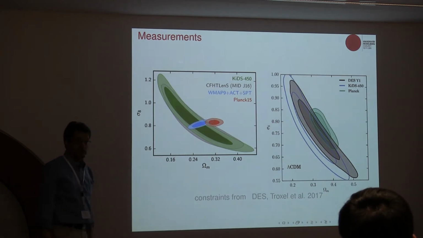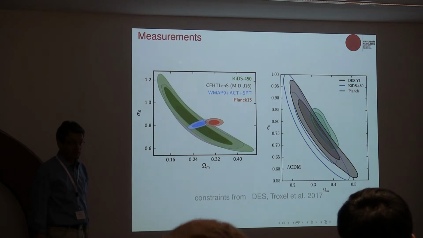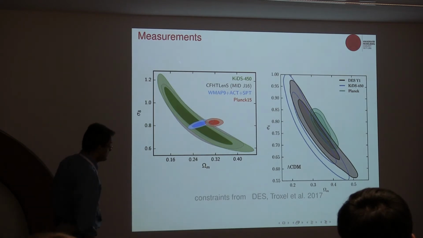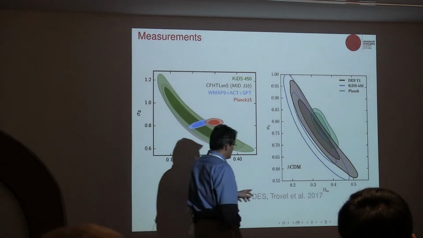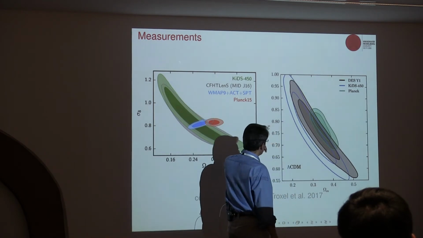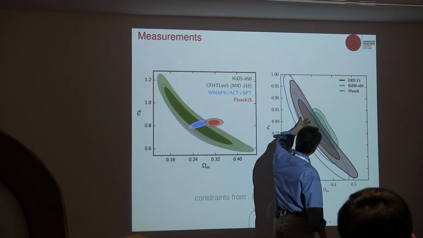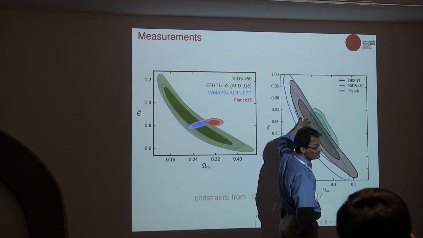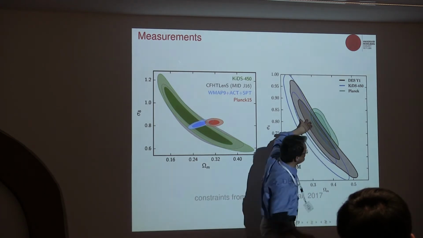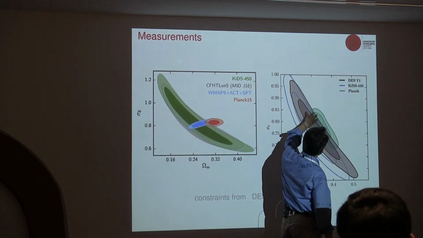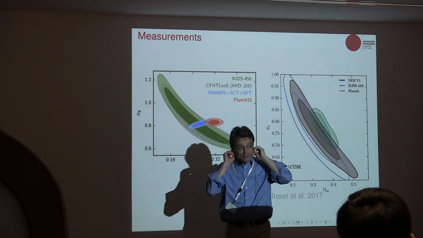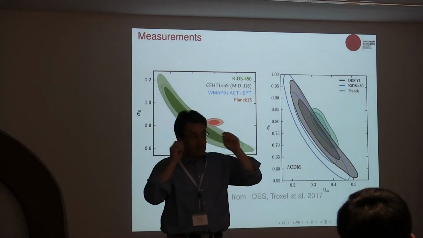They have released their data, or part of their data, Monday this week. And again, you see the same kind of plot. Now this is KiDS, okay? This one. This is Planck. So this moves the right way, but not quite.